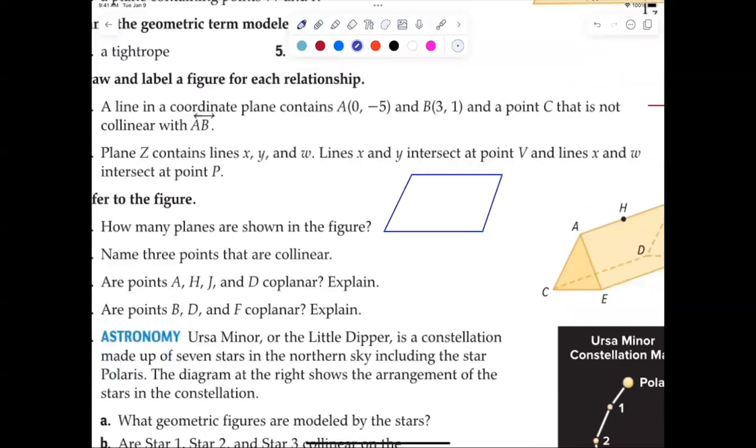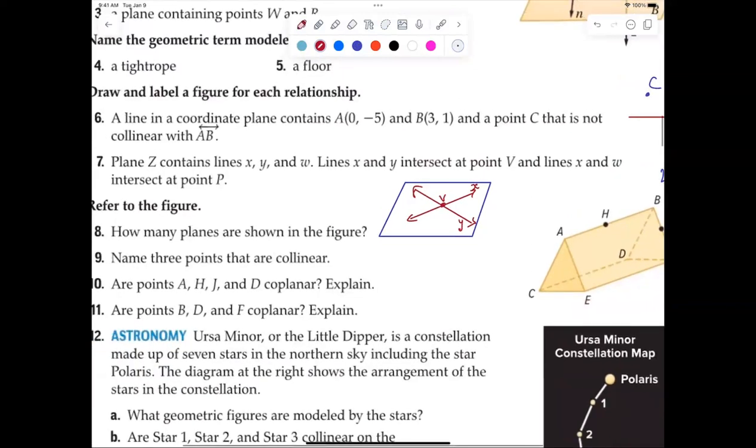Then it says lines X and Y intersect at V, so you draw 2 lines and they intersect at point V. You put a dot, then you put V, and now we label them X and Y. I try to do a little italicized just to make them happy. So that's line X and Y, and they intersect at point V.